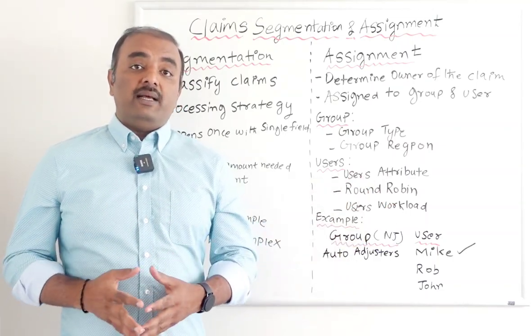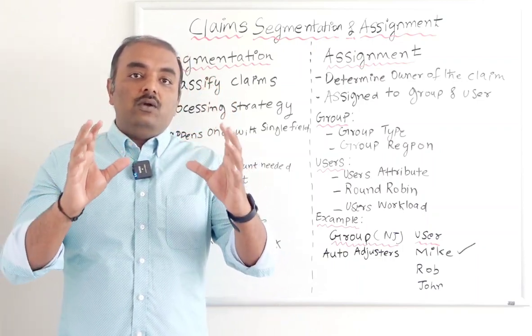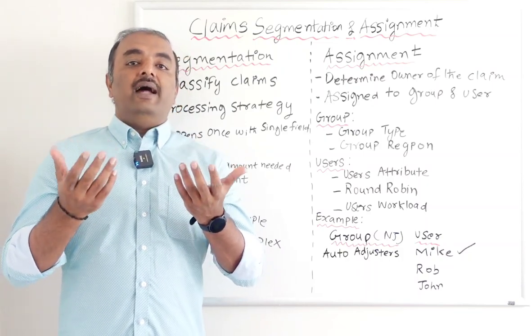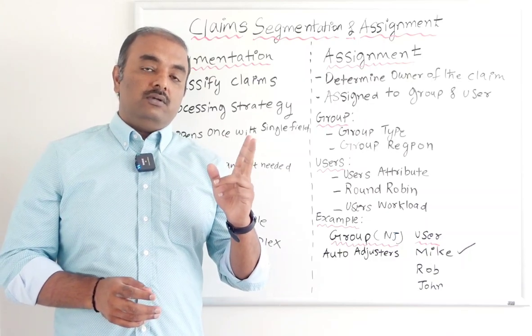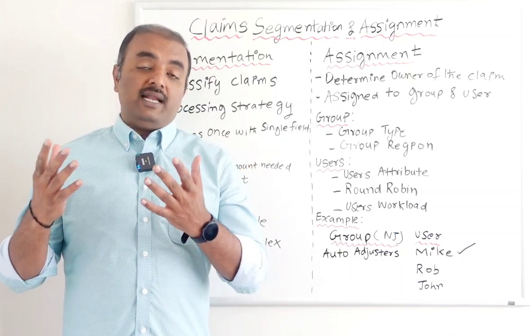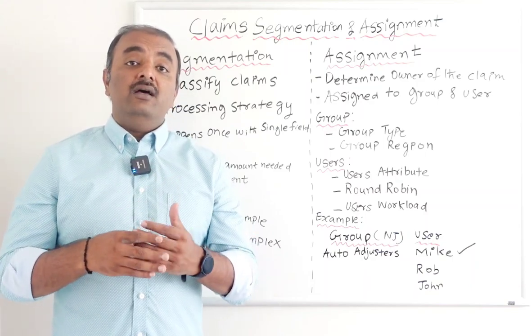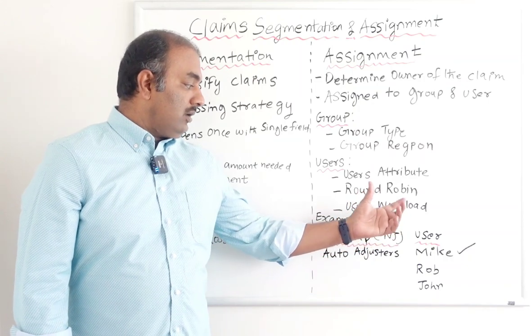That's the reason why sometimes they use workload. Workload will make sure it checks the overall workload of a particular user and then assigns it. Say Mike already had a complex claim and John had 2 simple claims; one complex claim can equate to 2 simple claims. So accordingly the system will determine to whom the next claim should be assigned. So that's the third thing, workload.